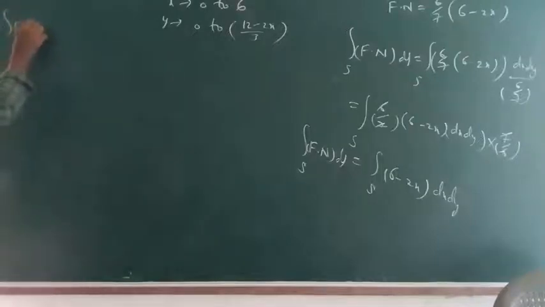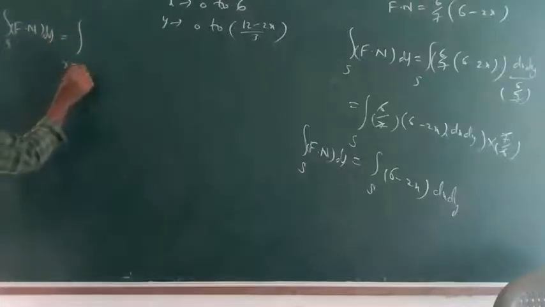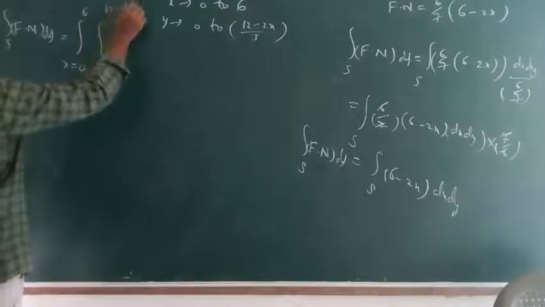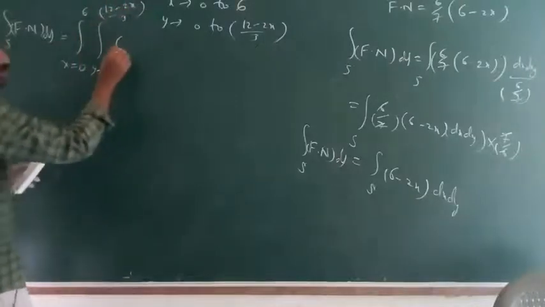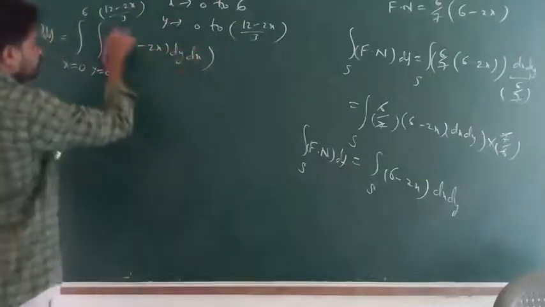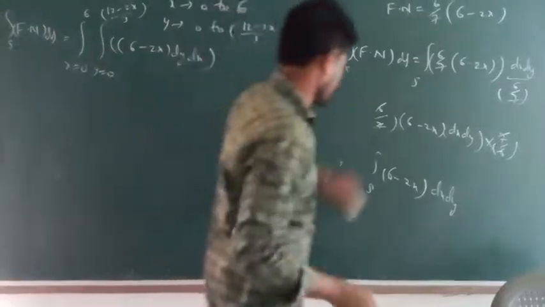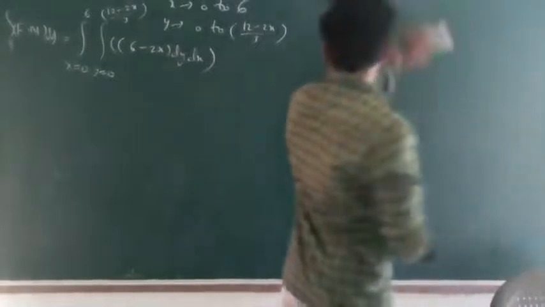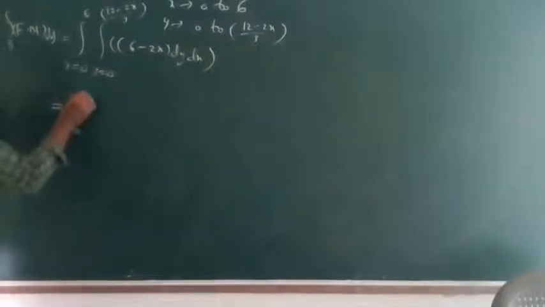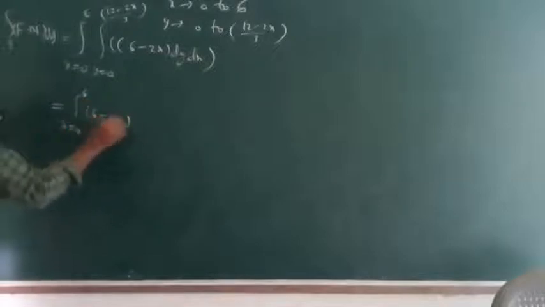So the integration of f dot n ds has x limits 0 to 6, y limits 0 to (12 minus 2x) by 3, of (6 minus 2x) dy dx. First I am doing integration with respect to y. The x limit is 0 to 6, and 6 minus 2x is outside.